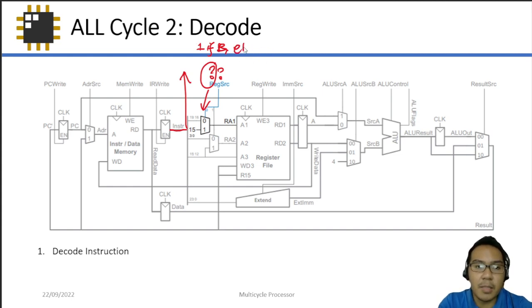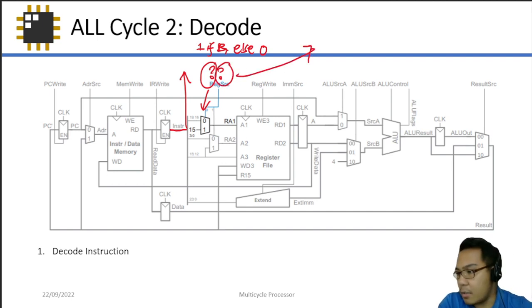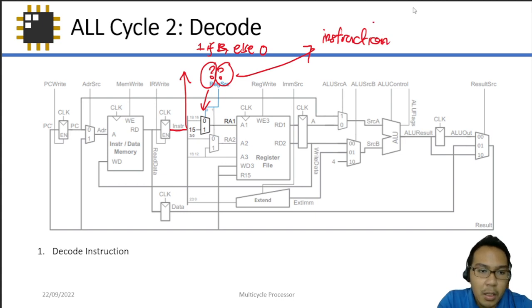So 1 if B is 0. Now this part is instruction specific. If you have an instruction that needs to use RM, then it would be 0.